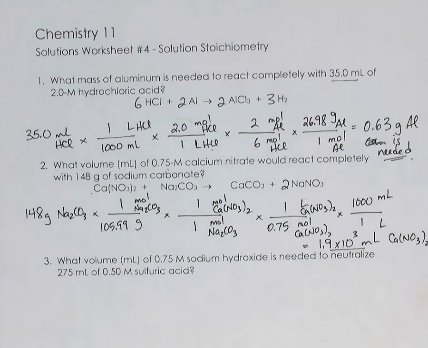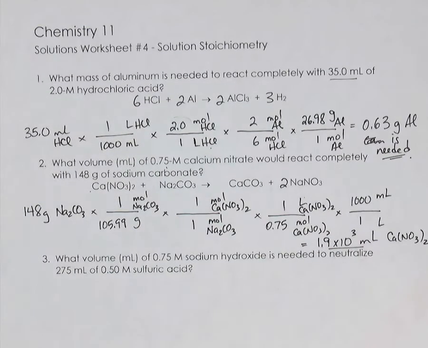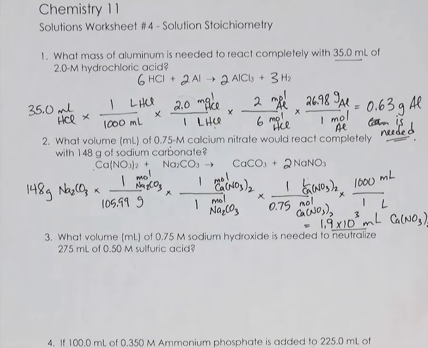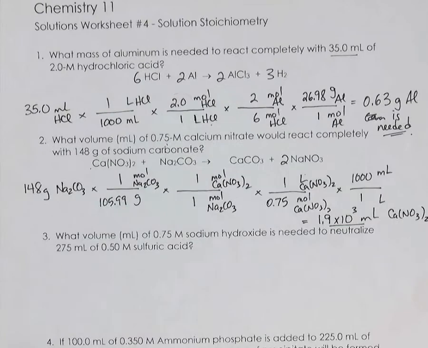And the other solution, we know its concentration, 0.75 molar sodium hydroxide, but we want to know how much of that we would need to react with to neutralize this sulfuric acid. Don't let the word neutralize bother you. It's just the specific term you would use when an acid, in this case sulfuric acid, is reacting with a base, sodium hydroxide. It's called a neutralization reaction.